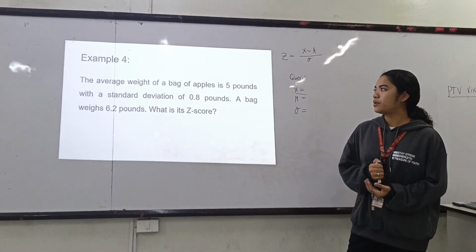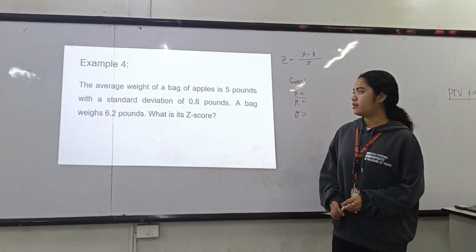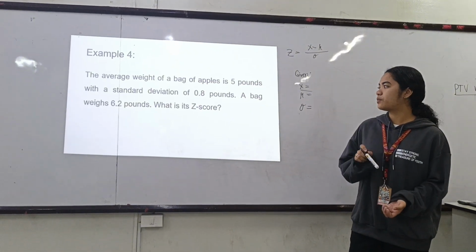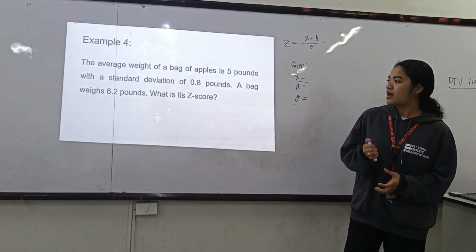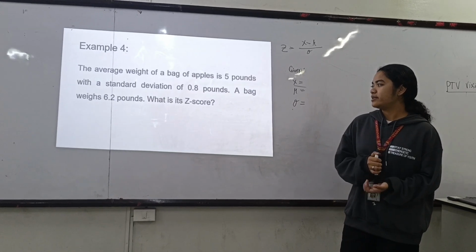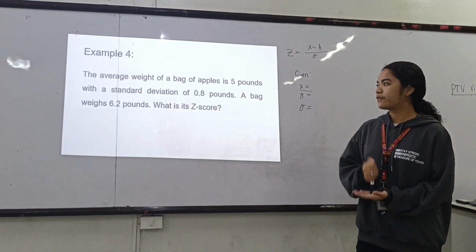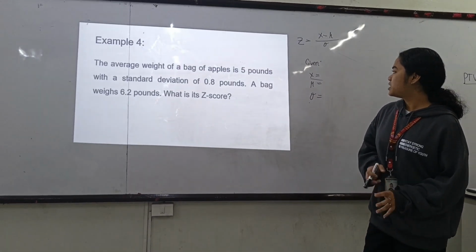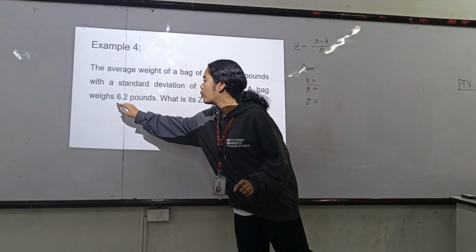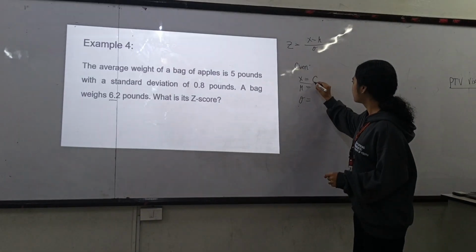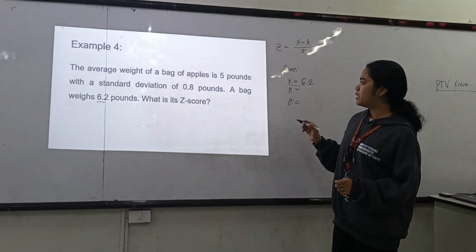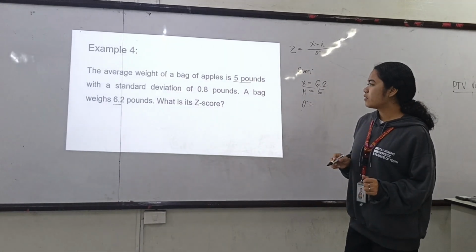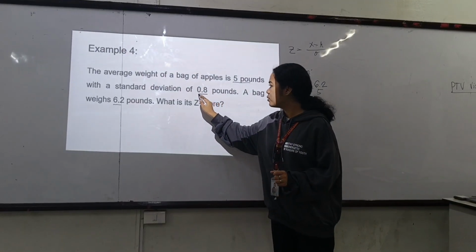So next we have example number 4. The average weight of a bag of apples is 5 pounds with a standard deviation of 0.8 pounds. A bag weighs 6.2 pounds. What is its z-score? So first, we need to find the given. Our test value, which is x, is equal to 6.2 pounds. Our mean is 5 pounds. And our standard deviation is 0.8 pounds.